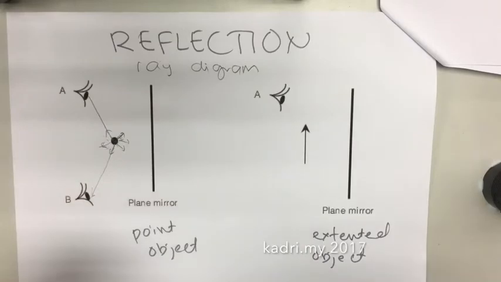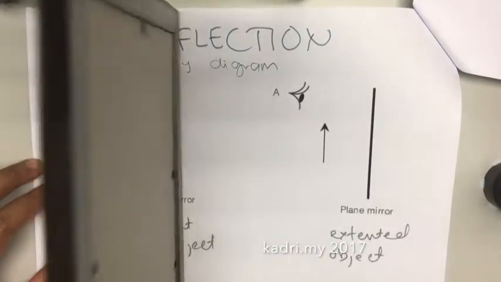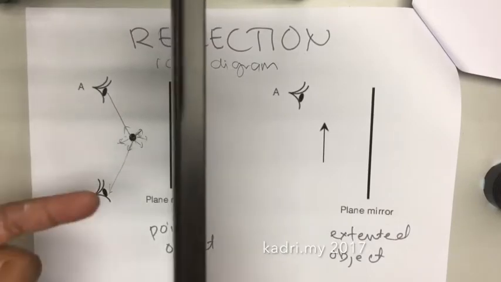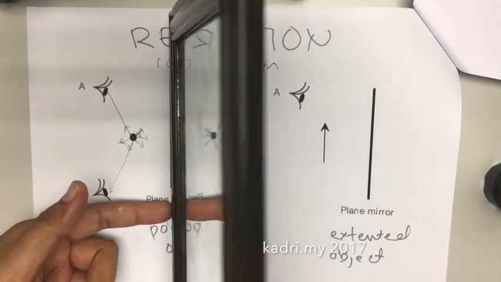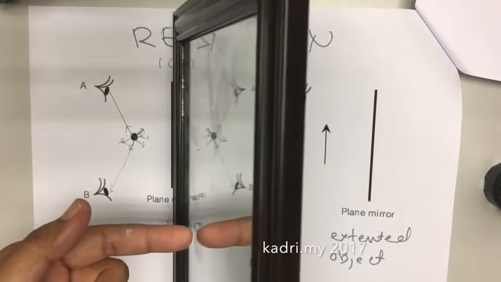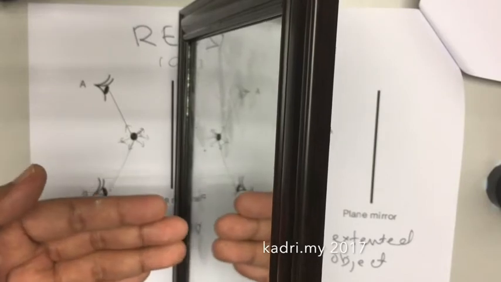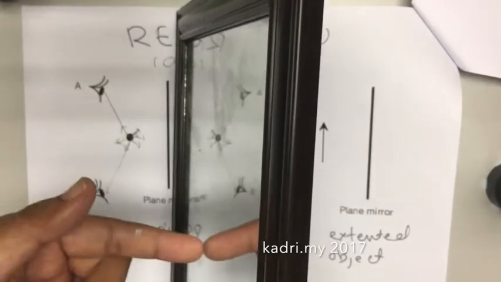Okay, now we have a mirror. We put a mirror here, for example, and then we still see the image over there. So we can see the LED over there. So how can we explain the formation of the image inside the mirror?